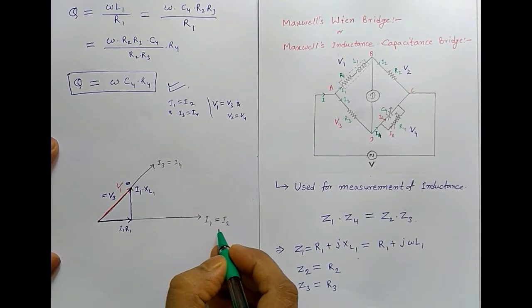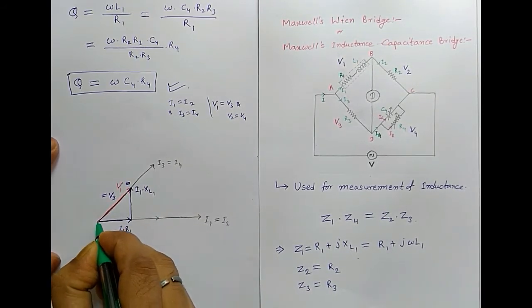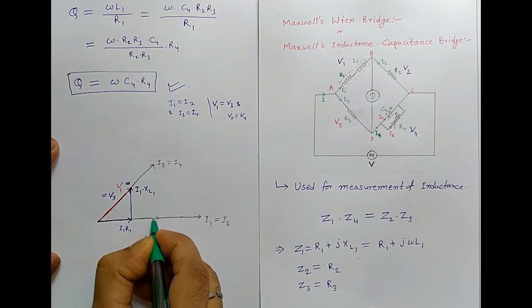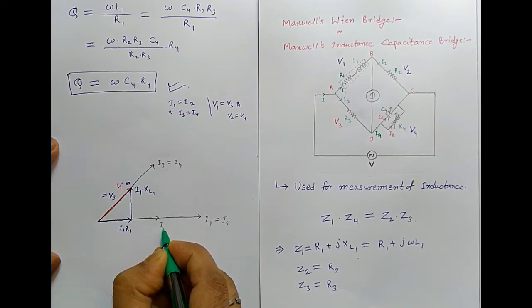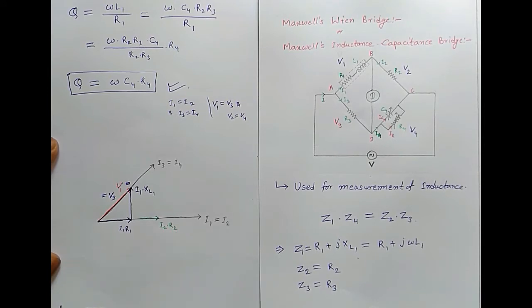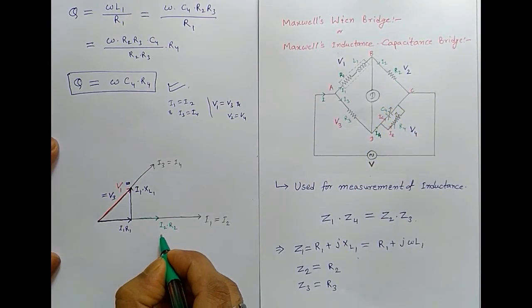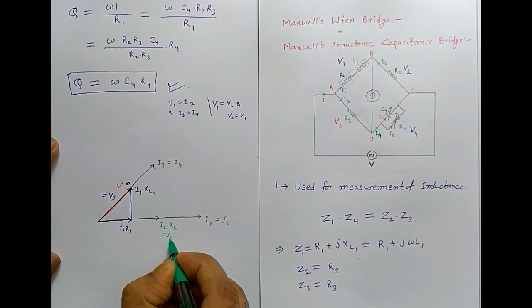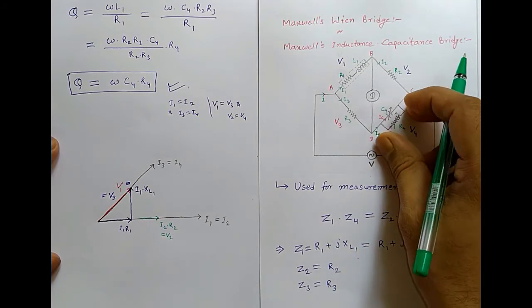Let us assume this gives us I2 into R2, so V2, which is also equal to V4.